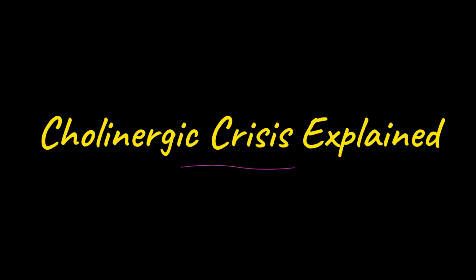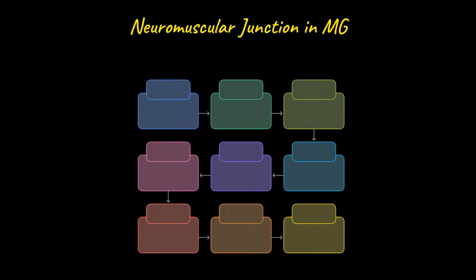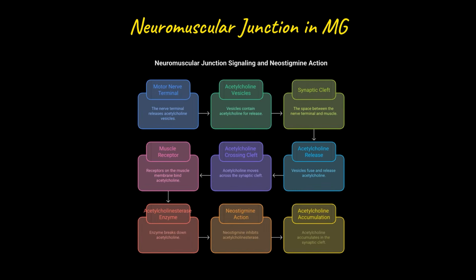Neostigmine treats this by blocking acetylcholinesterase, the enzyme that breaks down acetylcholine, so more messenger stays available to stimulate those damaged receptors. Normally acetylcholinesterase clears acetylcholine quickly. Neostigmine inhibits that enzyme, letting acetylcholine linger and repeatedly bind the remaining receptors, restoring some muscle strength.